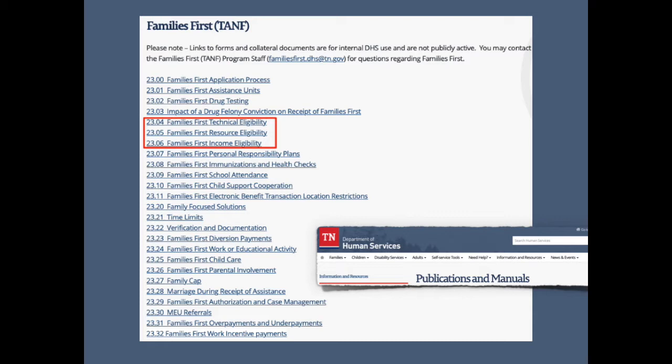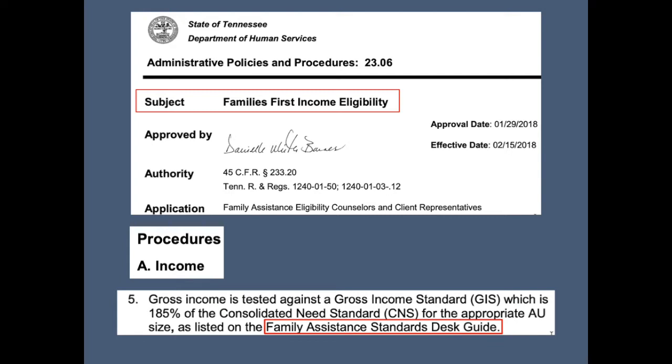For example, if we were to go in and look specifically at income eligibility, that particular document linked on the previous page, in part 5 under income, says gross income is tested against a gross income standard, GIS, which is 185% of the consolidated need standard for the appropriate AU, which is an assistance unit, as listed on the Family Assistance Standards Desk Guide.